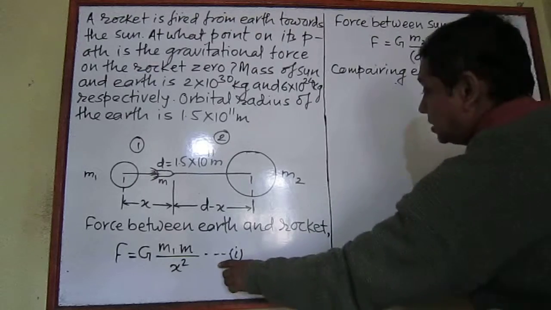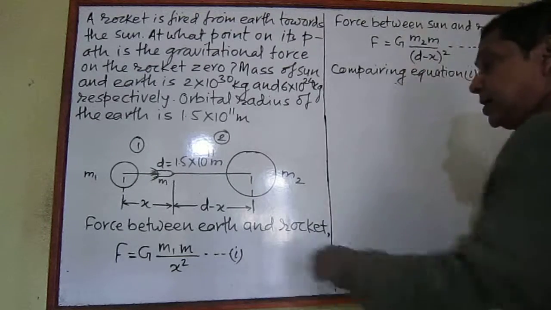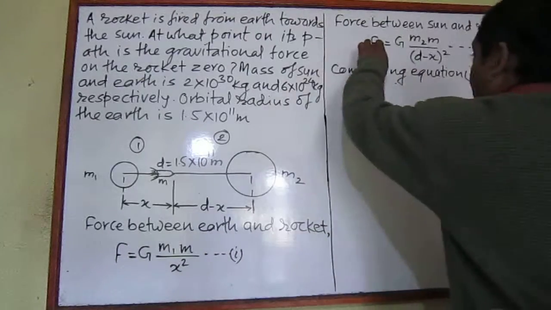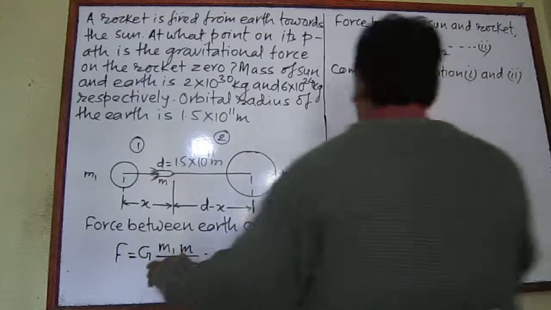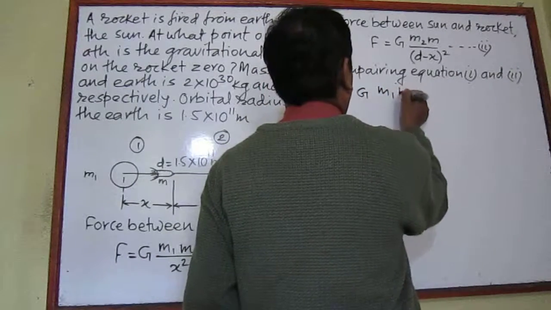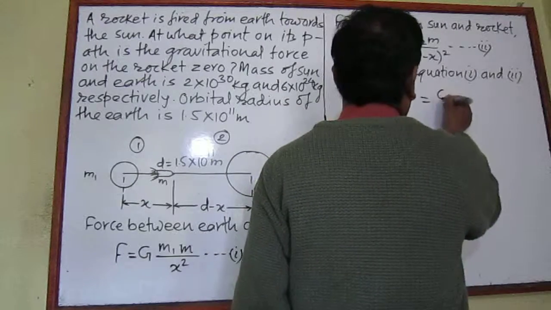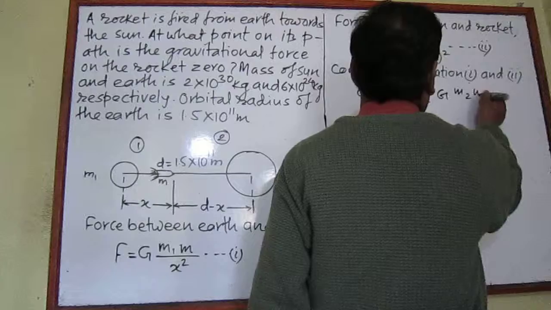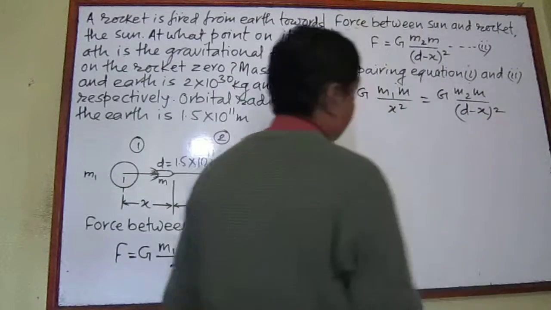If we compare these two equations, comparing equation 1 and 2, what can we write? If these gravitational forces are equal and opposite, the resultant is 0. So we can say that G m1 m upon x squared is equal to G m2 m upon d minus x whole squared.